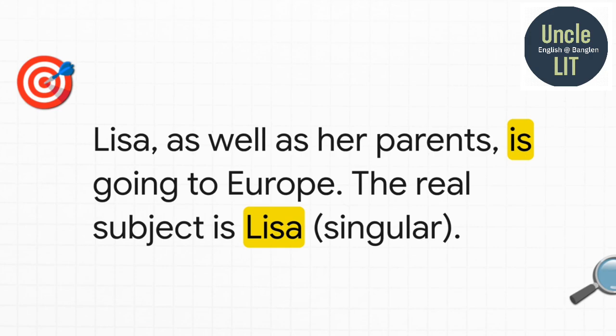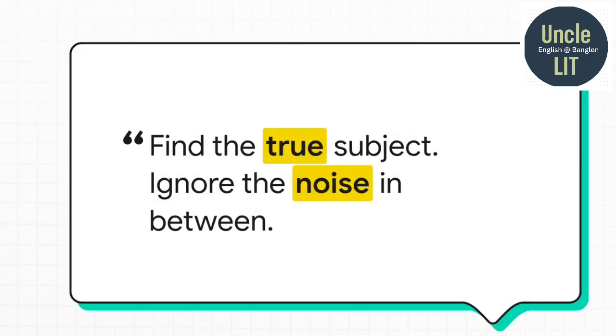But hold on, "her parents" isn't the real subject here. The phrase "as well as her parents" is just an interruption. It's noise. The real subject of the sentence is Lisa. And since Lisa is singular, the verb has to be singular, "is."